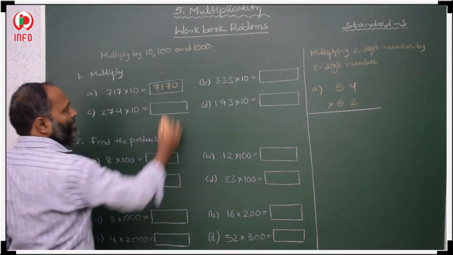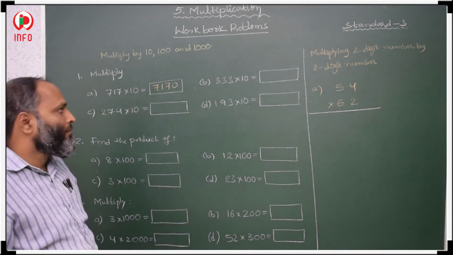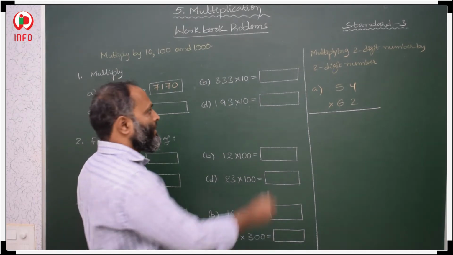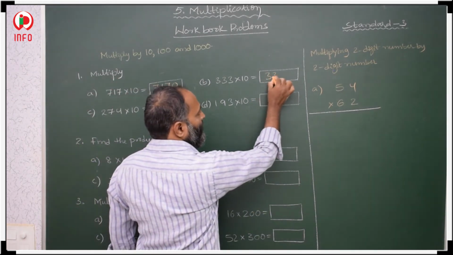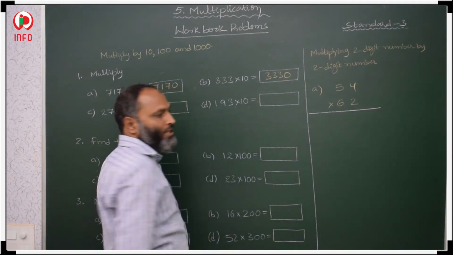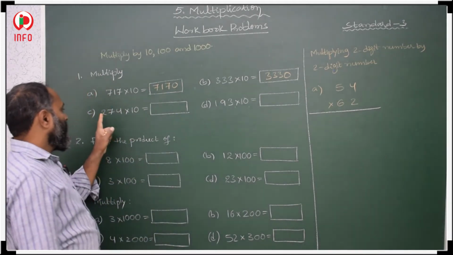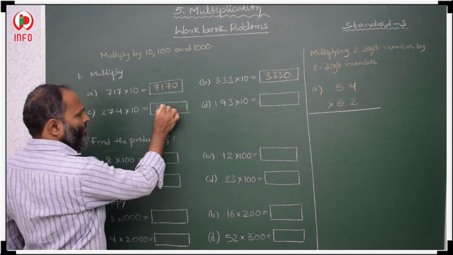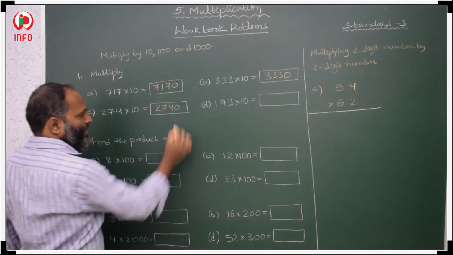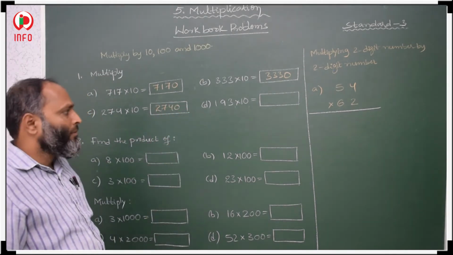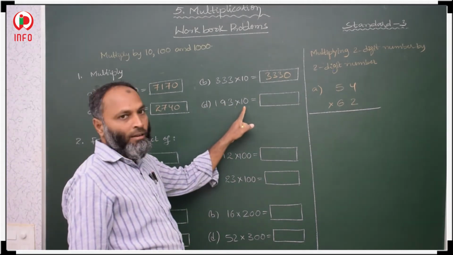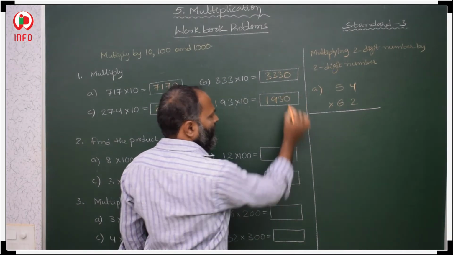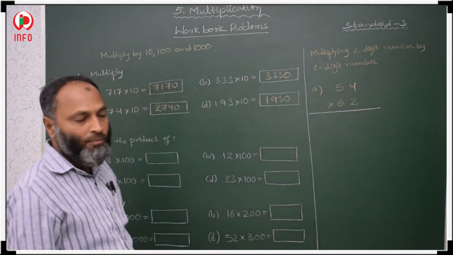We have to take 1 zero. 333 into 10 means 333 tens. Tens means 1 zero. 274 into 10 means 274 tens. Tens means 1 zero. 193 into 10 means 193 tens. Tens means 1 zero.